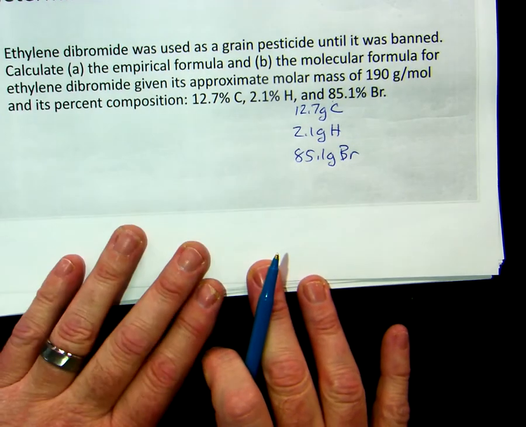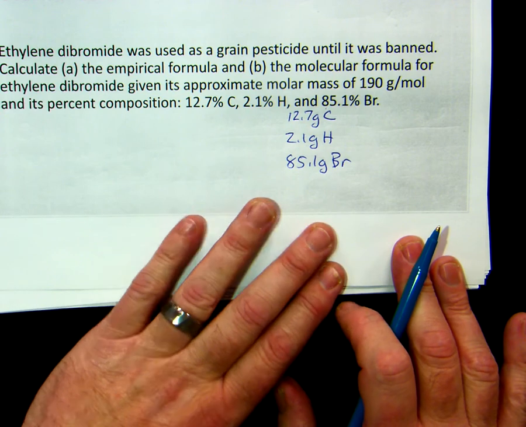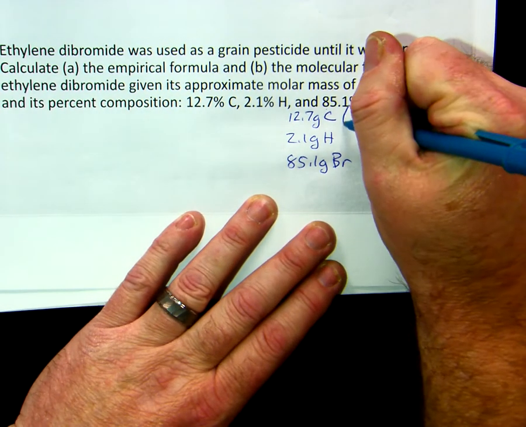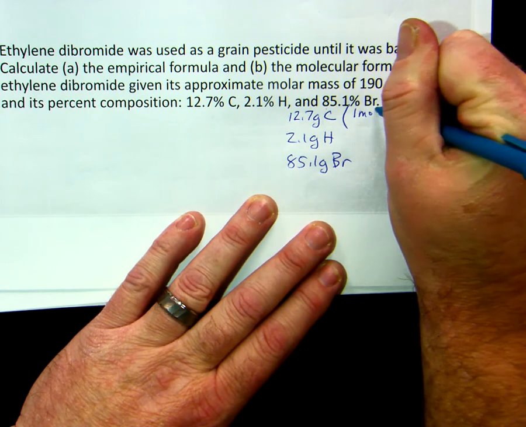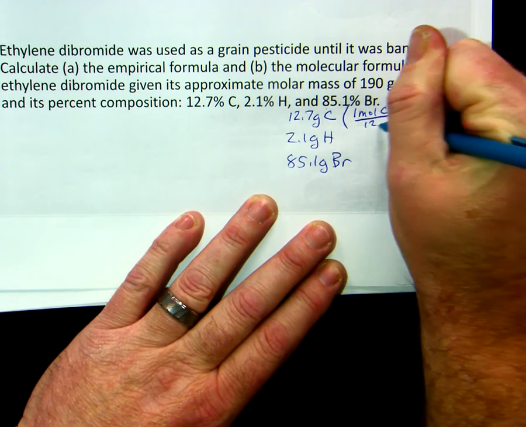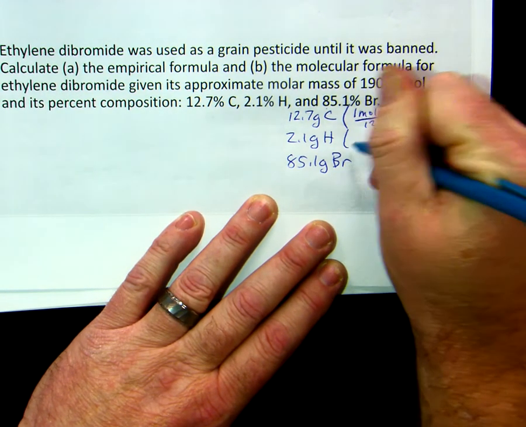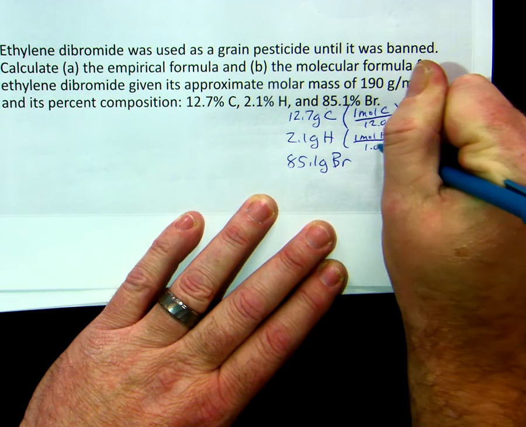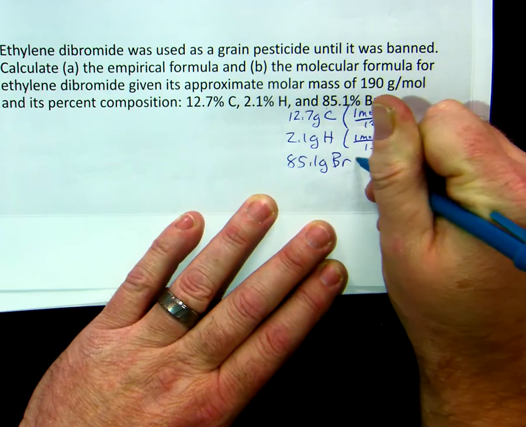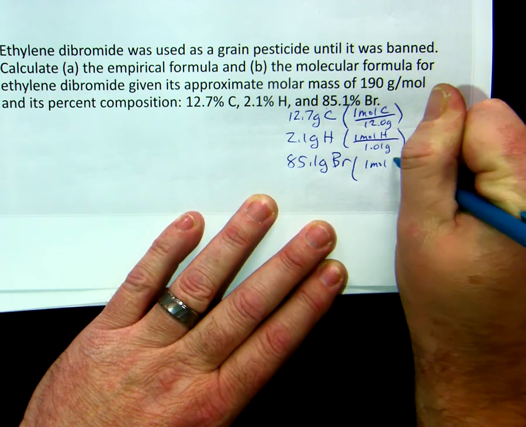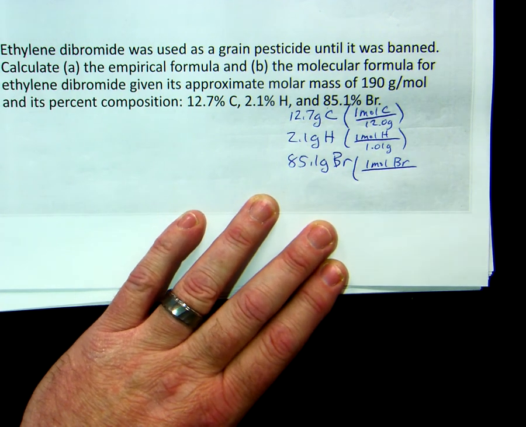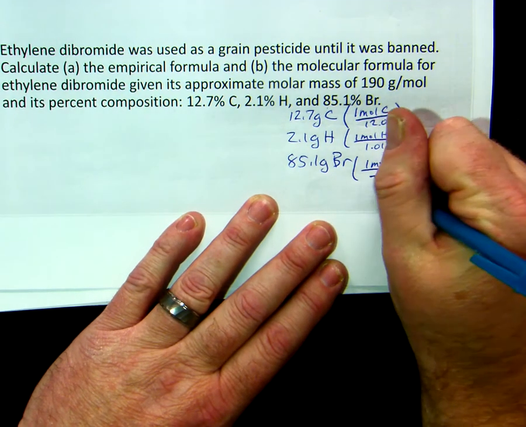All right, then we take our grams and do what with them? Convert to moles. So we take that and we say, all right, 1 mole of carbon, 12 grams. 1 mole of hydrogen, 1.01 grams. 1 mole of bromine, I don't have memorized, 79.9 grams.